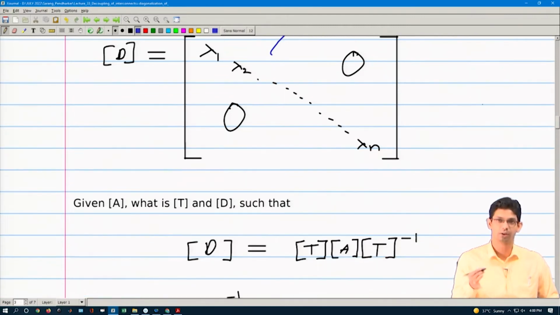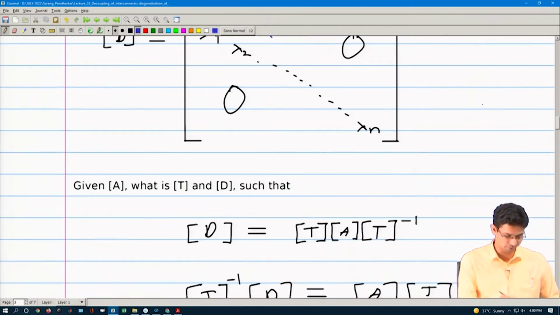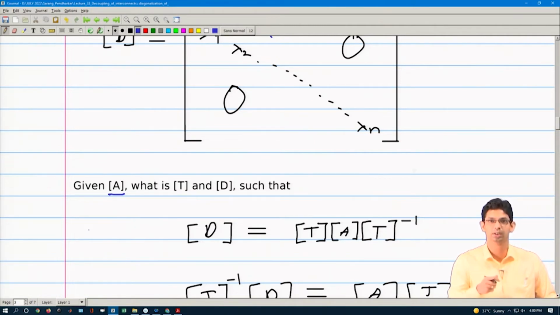So, now our final problem statement is the following: given A, how do we get T and D? A we get from the differential equation that we want to decouple, and we get that from the interconnect.